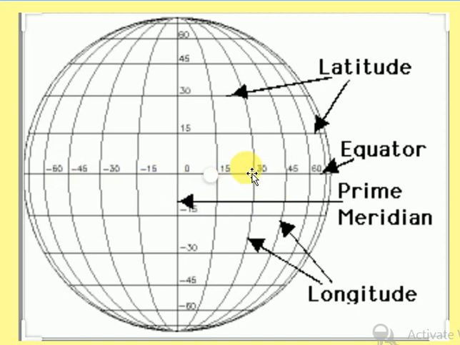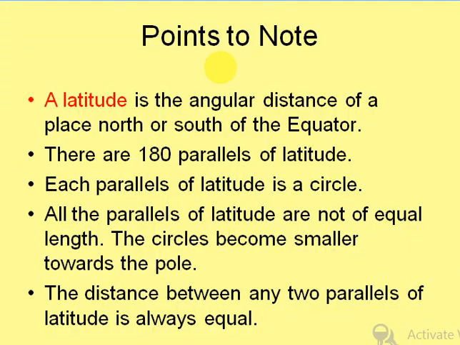And one more important thing, if you see some latitudes and longitudes mentioned over here, you will find the difference between the two latitudes and longitudes is always the same. A 15-degree interval mostly you will find in between all these latitudes and longitudes. This will help you to calculate the time of a particular place.